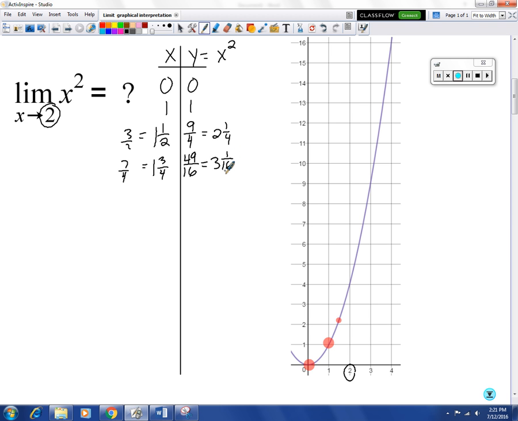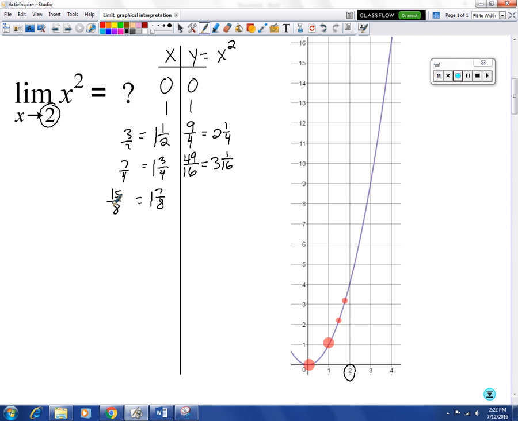So when I use 1 3/4, I get just barely above 3. That would be that point right there. I'll do one more point from below. I'll use 1 7/8, which is equal to 15 over 8.